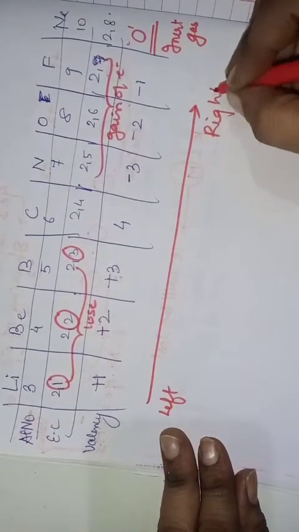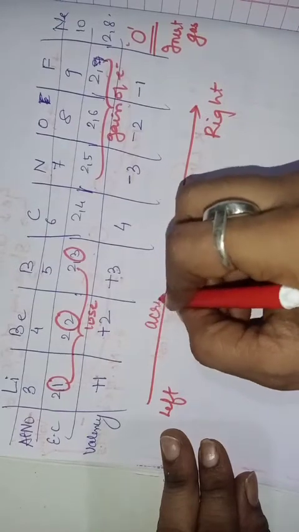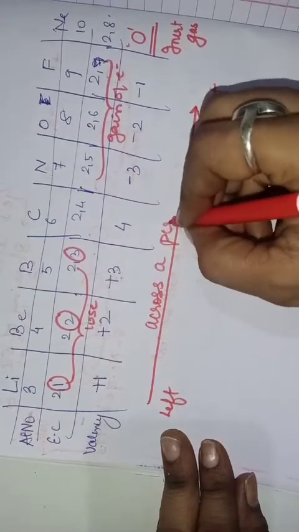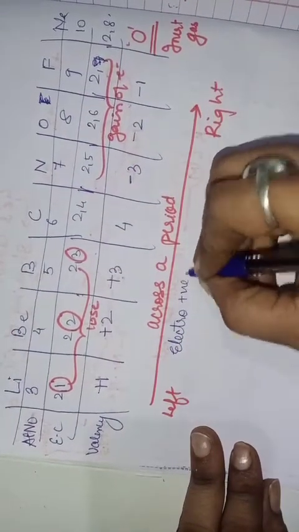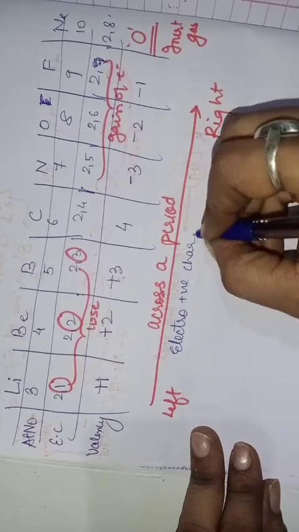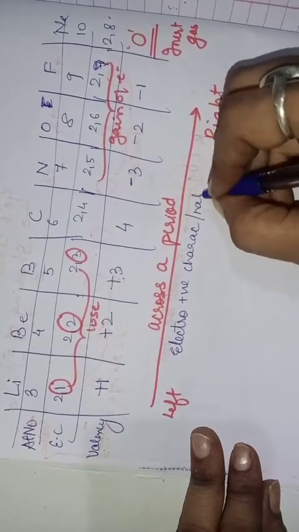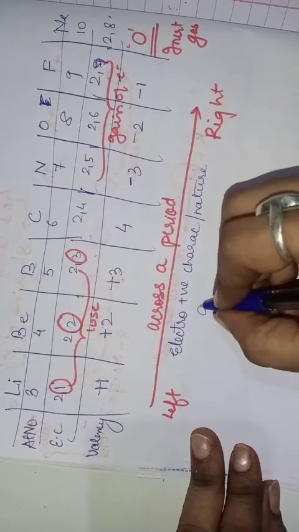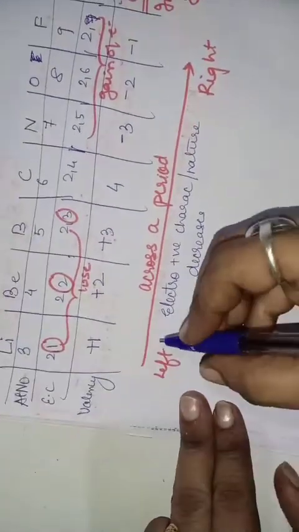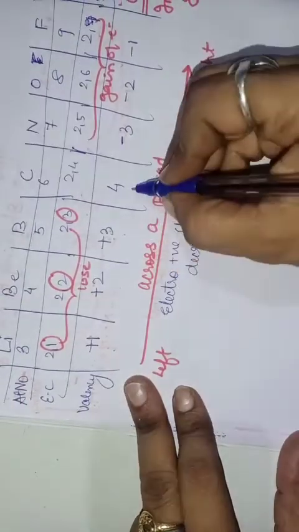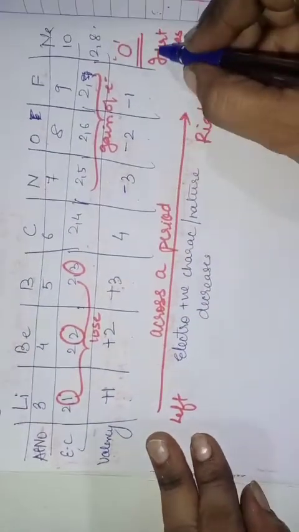Left to right in a period, that is across a period, electropositive character or nature decreases. So it decreases, you can see +1, +2, +3, +4, -3, -2, -1 and 0.